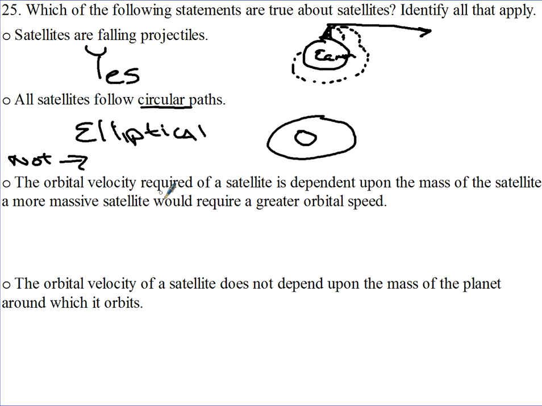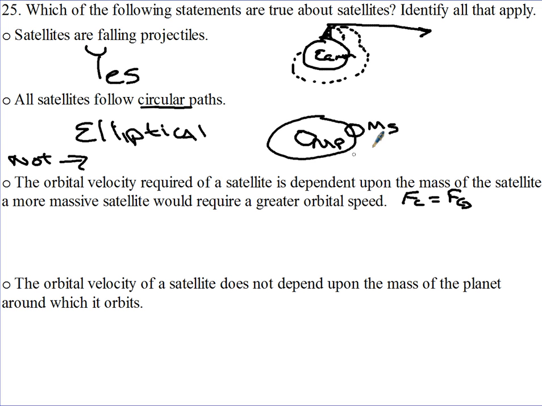The orbital velocity required of a satellite is dependent upon the mass of the satellite. A more massive satellite requires greater speed. Well, remember to do these, we take the centripetal force and we set that equal to the gravitational force. So I'm going to use this picture right here. Here is my satellite that's going around, and here is the mass of my planet.